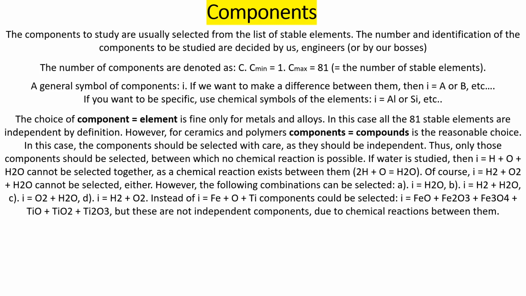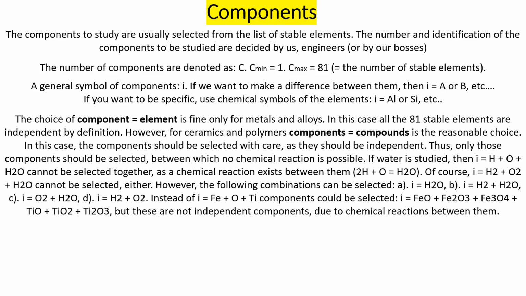However, for people who are working for polymers and ceramics, it is a more reasonable choice if they select components as compounds. Now, in this case, the choice of the components is not that simple as in the case of the elements. First of all, this is because sometimes chemical reactions can be written between different components, and if that happens, it means that this choice of the components is not good enough, because we have to select a list of independent components.